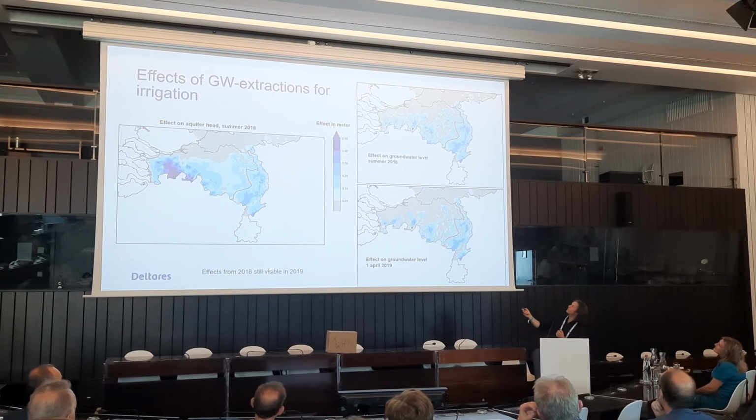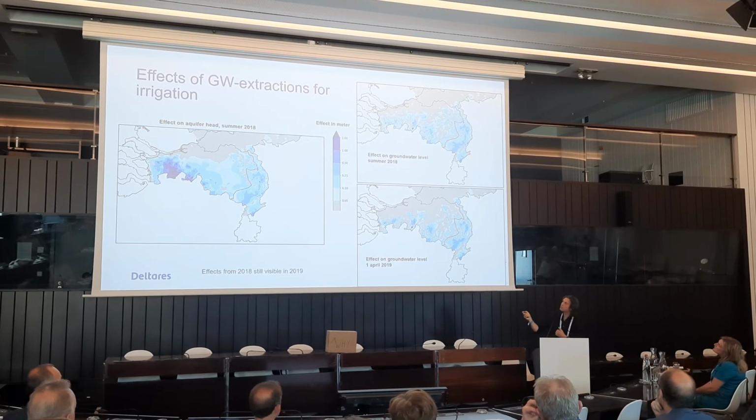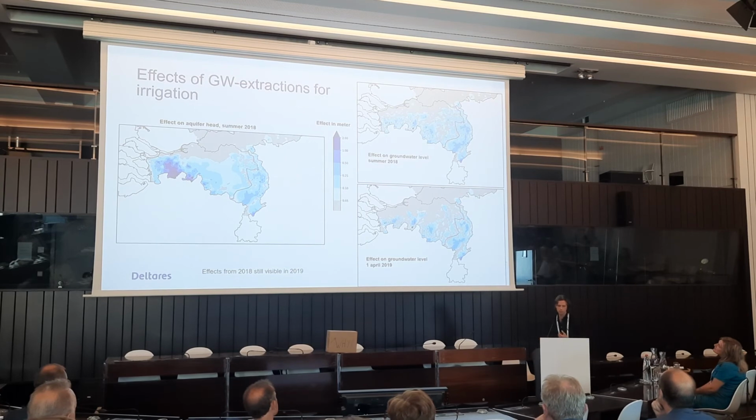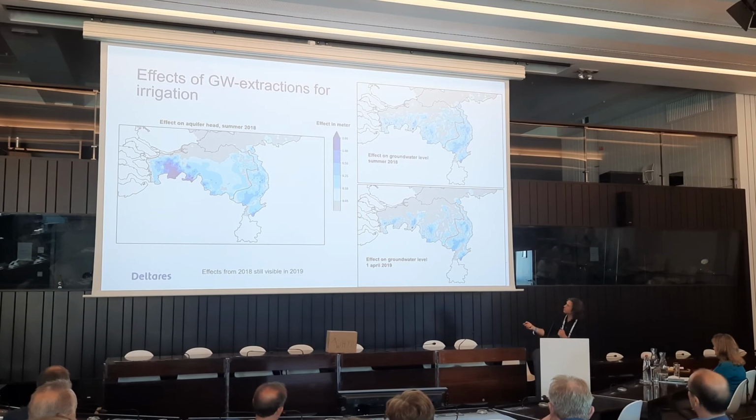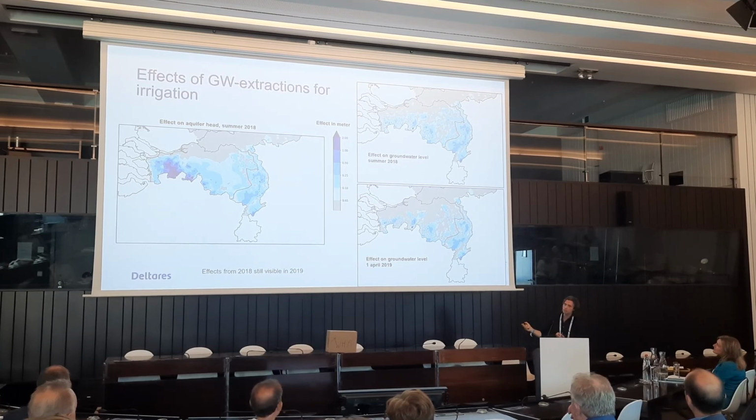And if you look at the phreatic groundwater level, you see that the entire area is affected, with effects from about 5 centimeters to half a meter in some areas. And importantly, the effects are still visible in 2019. So when we start the growing season in April, this is what is left of the abstractions in the summer.